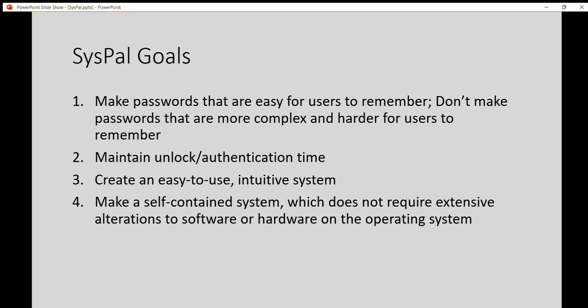SysPal should also be easy to use and intuitive, and it should also be a self-contained system that is not going to require any changes to the hardware or software on the operating system. So essentially, SysPal should be very easily integrated into the existing OS so that there's no additional steps that users need to take or additional steps that developers need to take to implement this additional security measure.